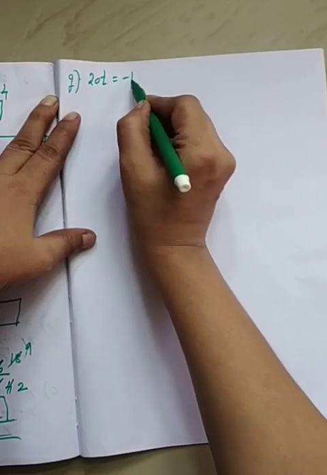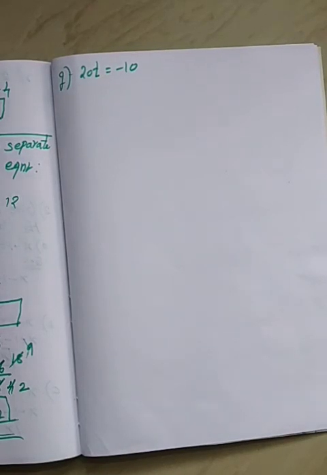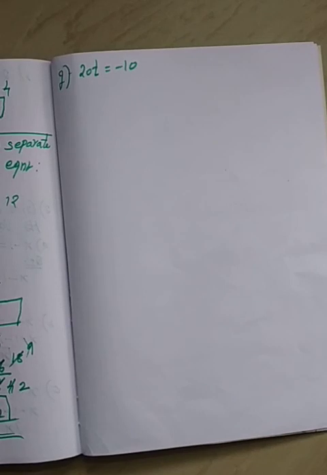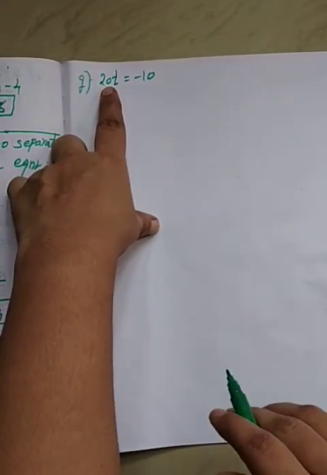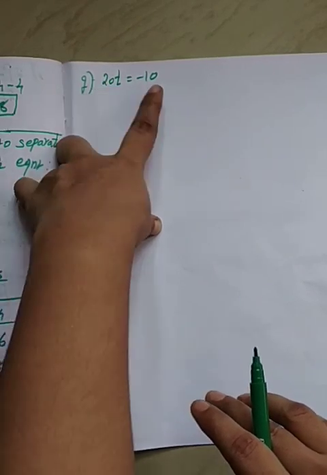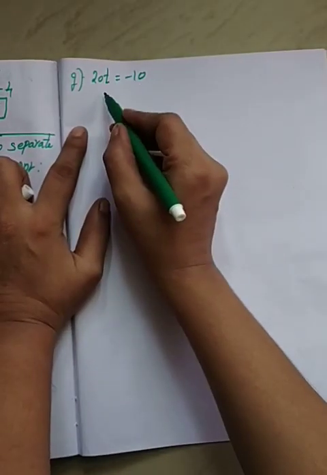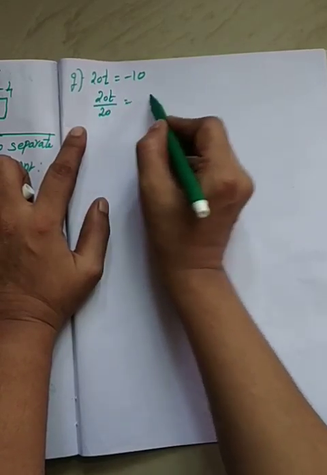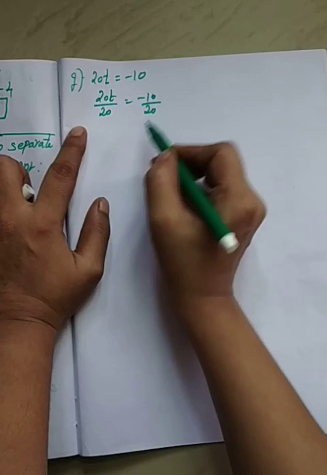20t is equal to minus 10. See the left hand side, 20t. Okay. See here. You have to remove this 20. So we have to divide on both sides by this 20. So you will get 20t by 20 equal to minus 10 by 20.